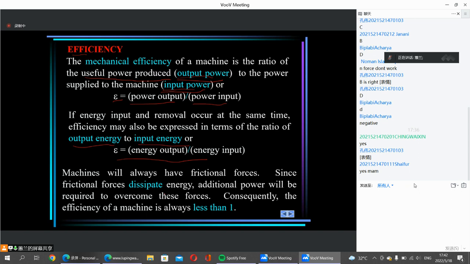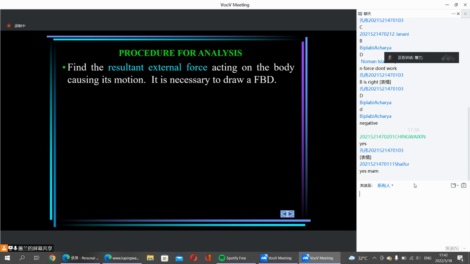So that's why the efficiency of a machine will always be less than one. Not all the power provided to the machine will really be used. Some of it will be wasted, just like friction loss.